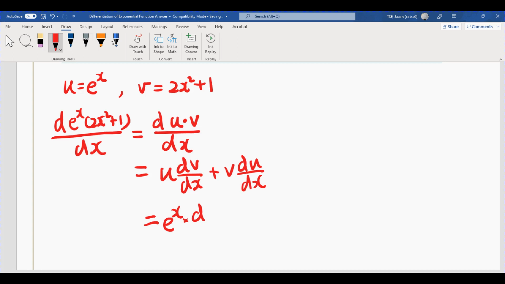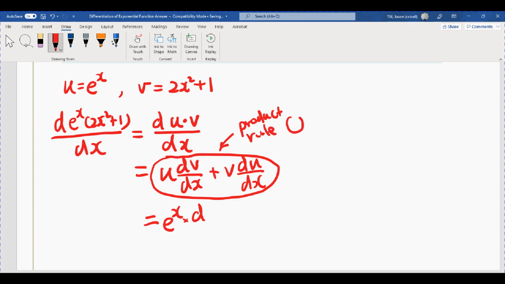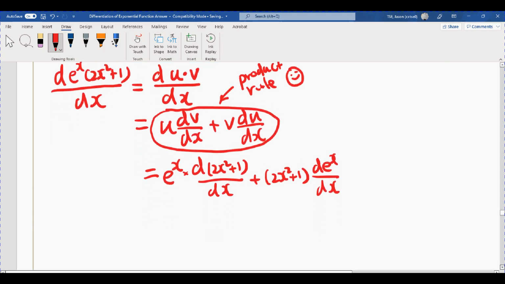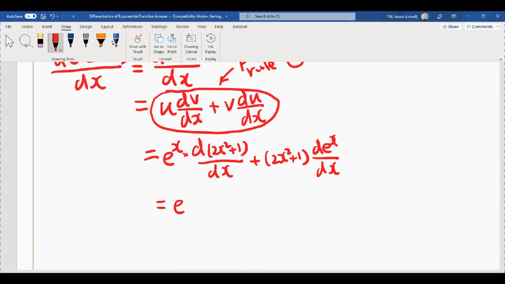But you have to make sure you have that product rule correct. Again, let me say it again, product rule, very important. And v is 2x squared plus 1 dx. Let me just try to do it like that.